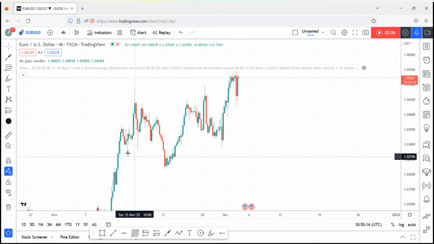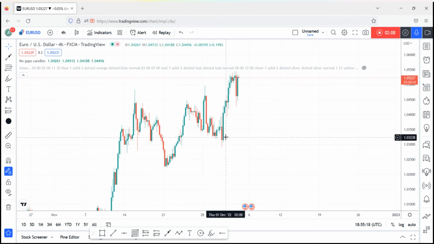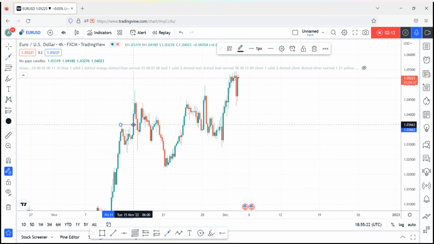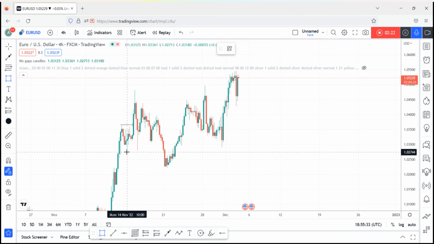From here price made a break of structure, goes to the downside, right? So from here price made a break of structure, right? So now what we can do is, if we see all these candles are mitigated, right? So let me show you how it works, right?